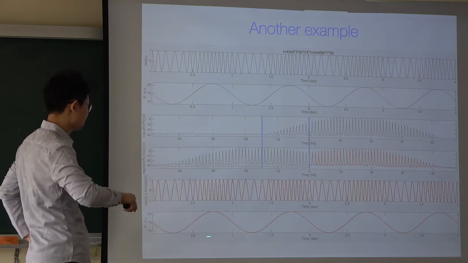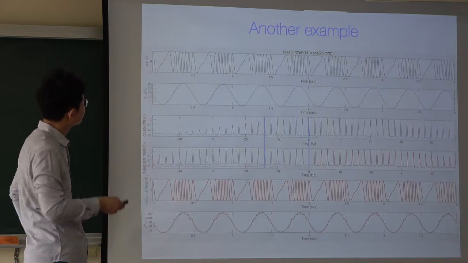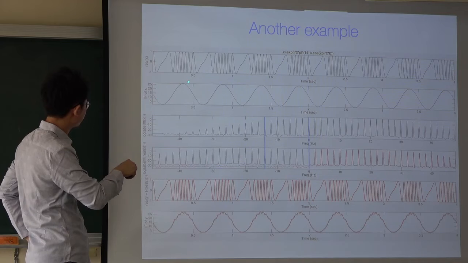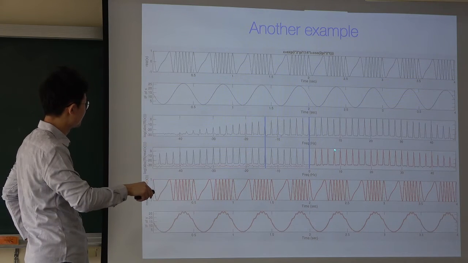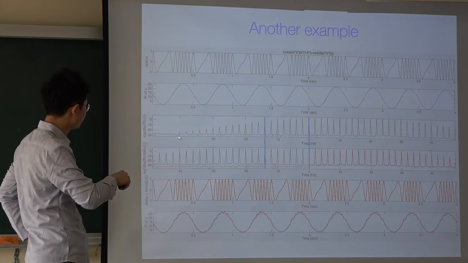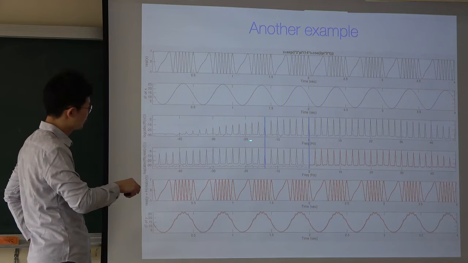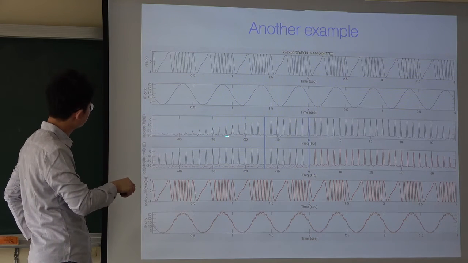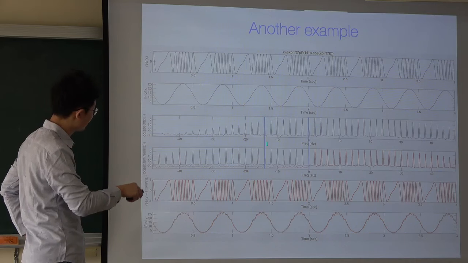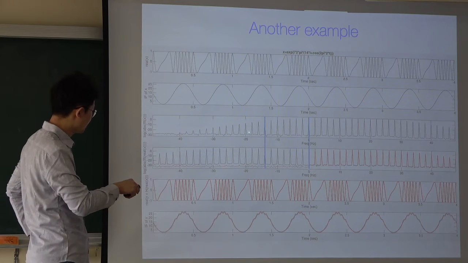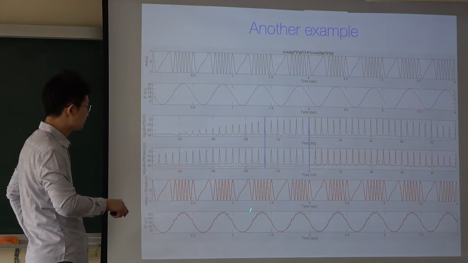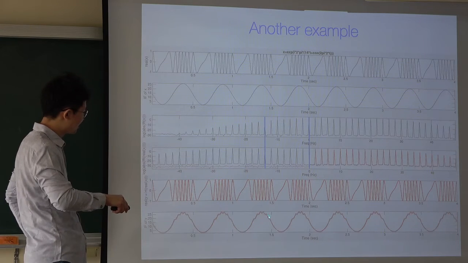Okay, so everything is good. You can recover everything. But in the next example, the instantaneous frequency changes too fast, so that there is too much leakage to the left-hand side of the spectral content we need. So in the end, the instantaneous frequency recovery is slightly deviated.